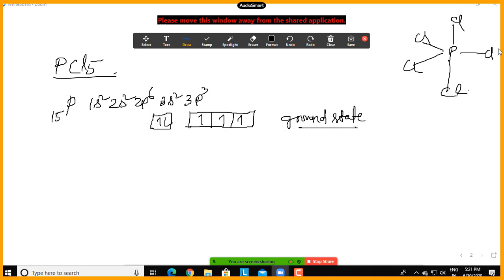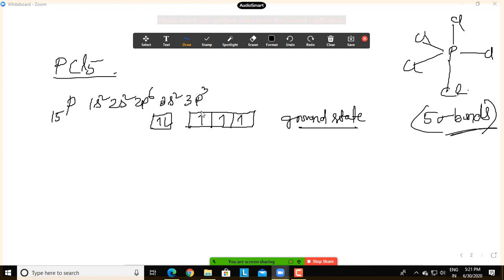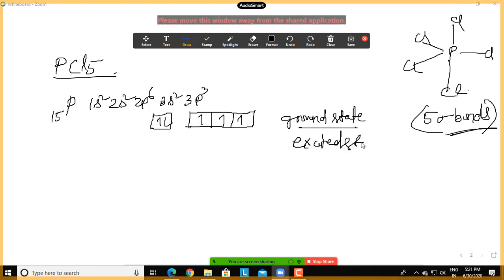It cannot form bonds because it is making 5 sigma bonds. How many sigma bonds? 5 sigma bonds. So if it is making 5 sigma bonds, it needs 5 unpaired electrons, but there are only 3. So in excited state, some of the electrons will jump from 3s, 3p to 3d.